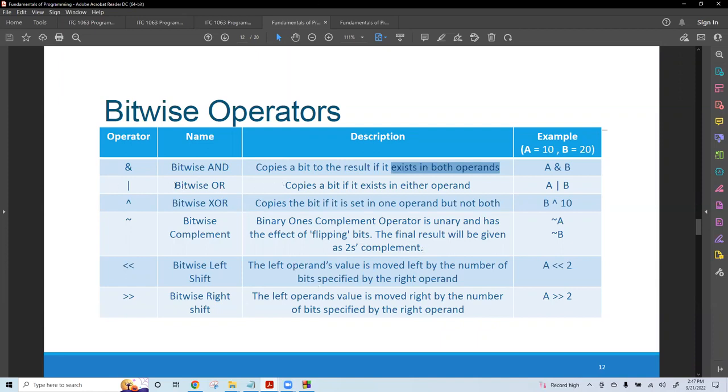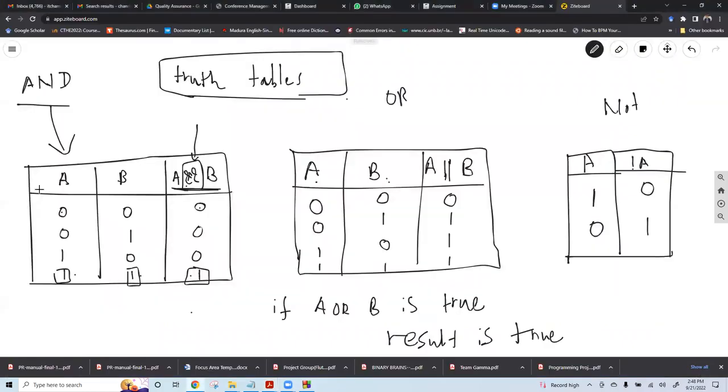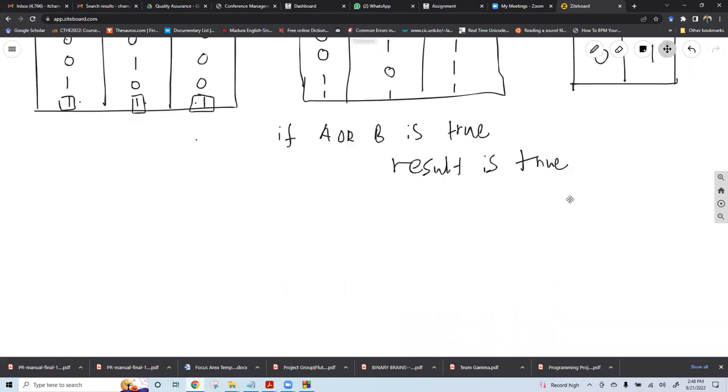Bitwise or copies a bit if it exists in either operand. Right. දෙකෙන් එකක හරි තියෙනවා නම් true. But bitwise, forget about bitwise, just XOR copies the bit if it is set in one operand but not both. In one operand but not both. Right.